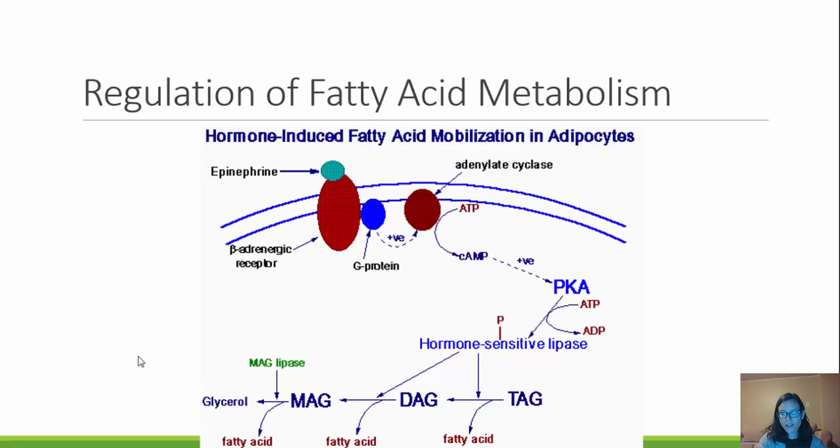The final fatty acid release is through monoacylglyceride lipase, and this one is active without hormonal stimulation. But basically this whole thing makes sense. We have a stress hormone. We're saying not only do we not want to build up more fatty acids, but we actually want to break down what we have for energy.